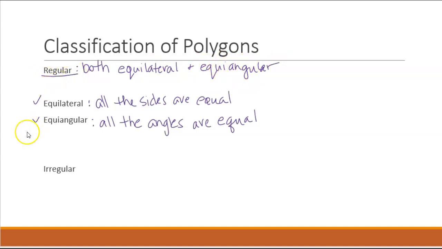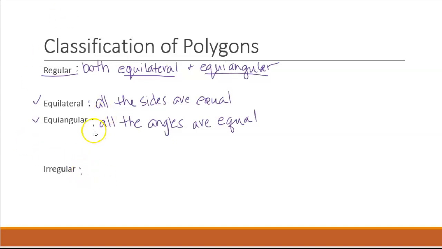So I like to talk about these mostly because you'll see them in word problems. It'll say something like, you're given a regular octagon. And so you're like, okay, those are my buzzwords. Regular means equilateral and equiangular, and octagon means 8. So you're given clues in the problem that we need to know what those words mean.